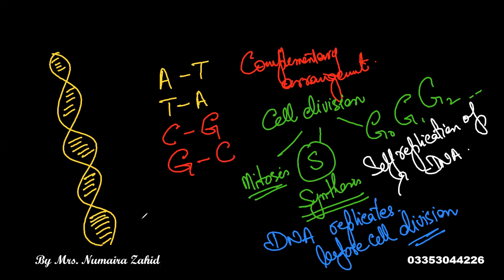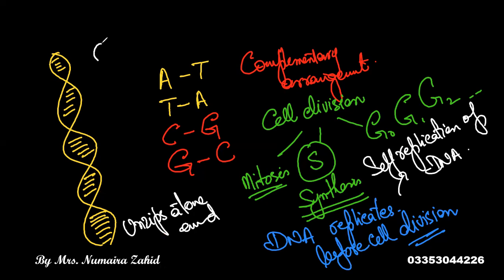DNA unzips at one end, and complementary strands form against each strand. As the helix gradually unzips along its length, each complementary nucleotide is added to the separate chains sequentially, and this forms the replication of DNA.